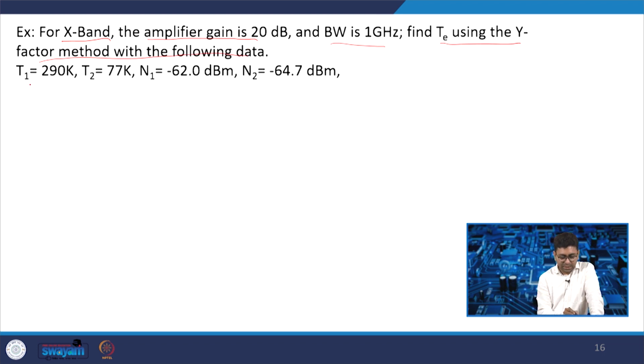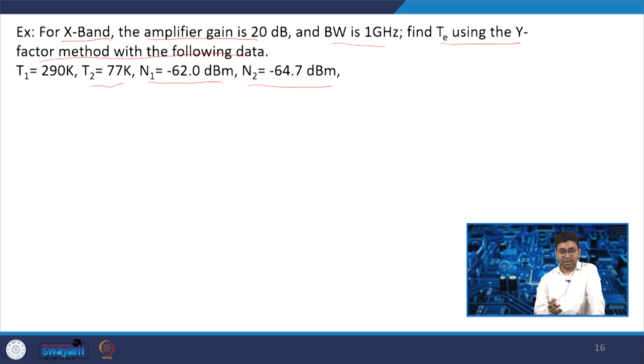First you connect T1 at 290 Kelvin and find the output noise power N1, and then you apply the other switch, connecting T2 at 77 Kelvin, and find the output power N2. This is the measurement that you should do.